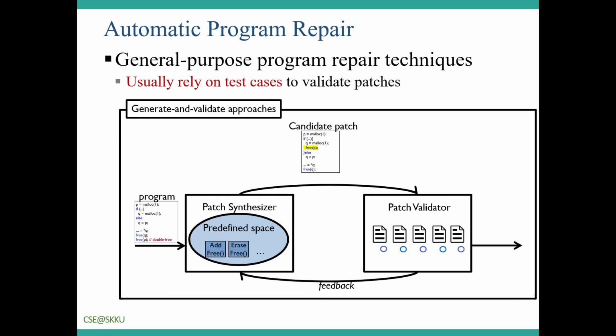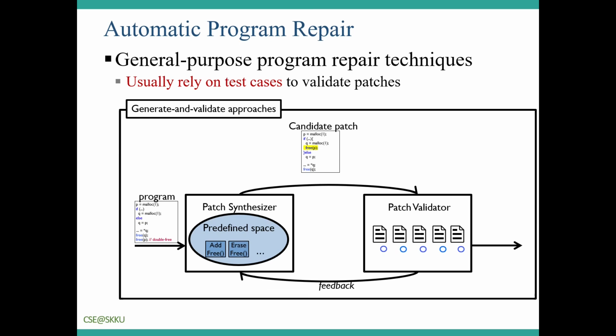Now let's consider one downside of these generate-and-validate approaches. What is the drawback of relying on test cases to validate candidate patches? The main issue is that it doesn't guarantee the patch actually fixes the root cause of the bug.